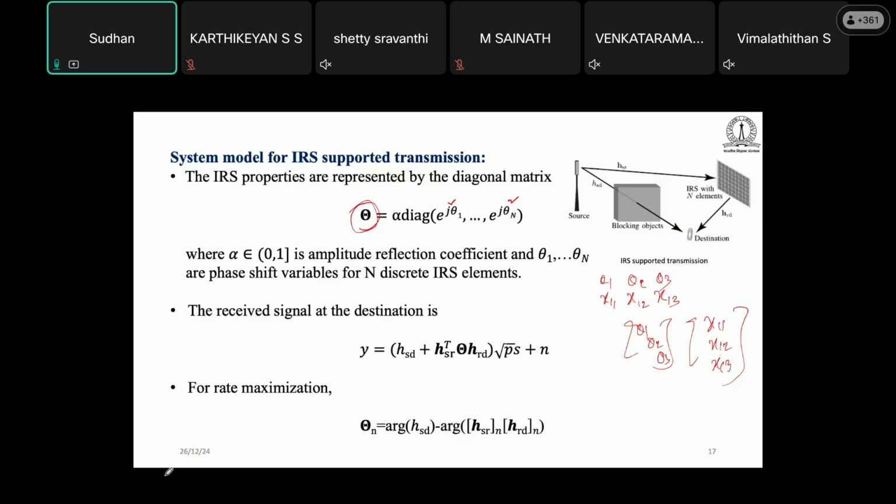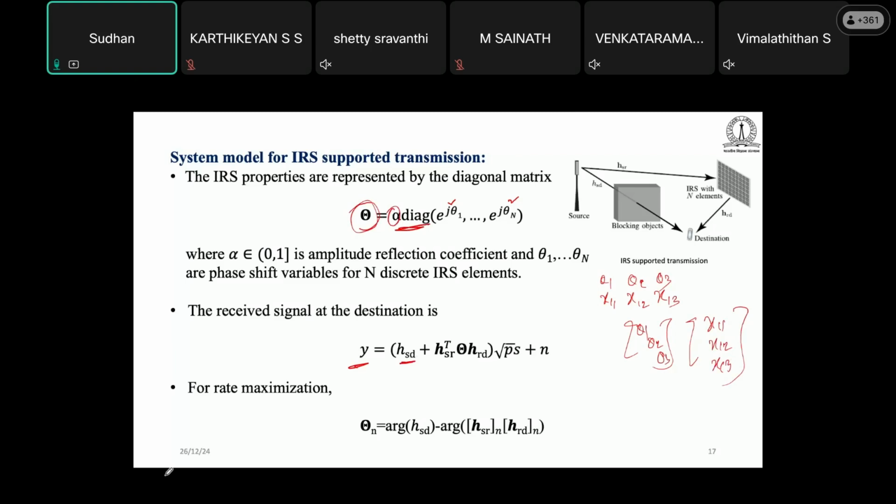So we put theta on the diagonal elements, and alpha is the amplitude, which is fixed and belongs to 0 to 1. Then y will be, this is a direct link. We have assumed the direct link is there.